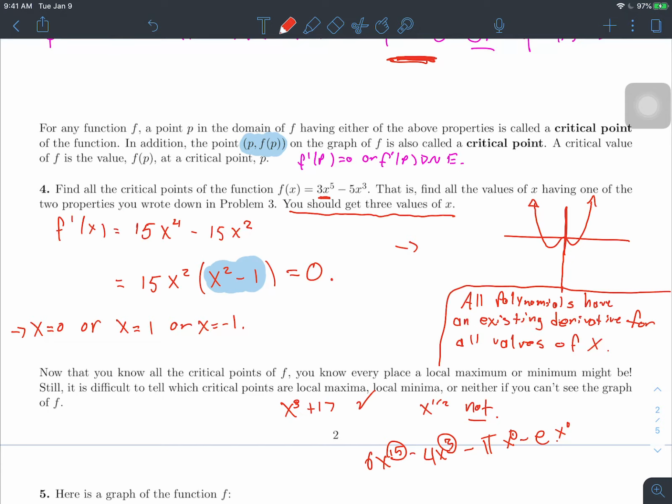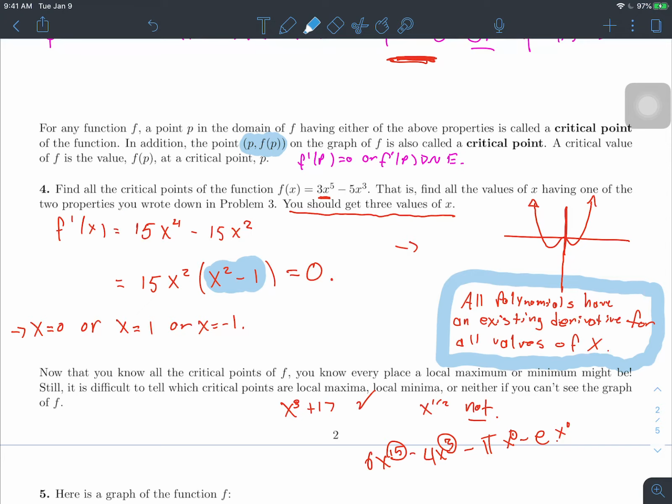The amazing fact here is that all polynomials have an existing derivative for all values of x. So in particular, if we want to find the critical points of a polynomial, we don't have to entertain the second possibility that f prime might not exist.